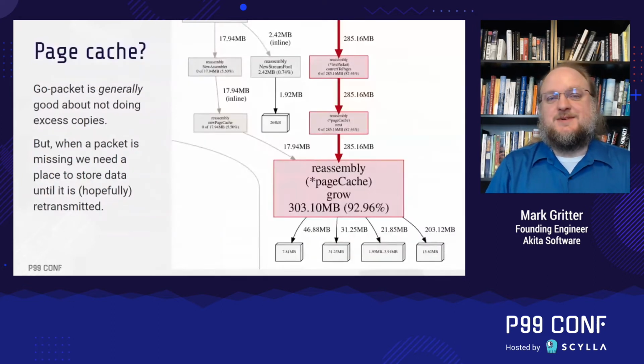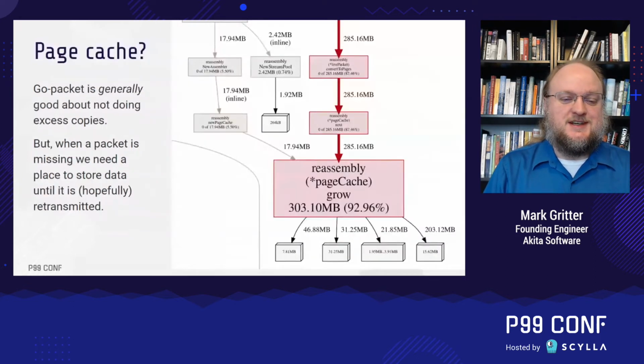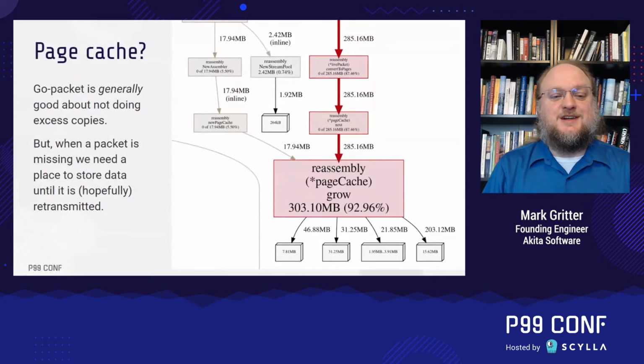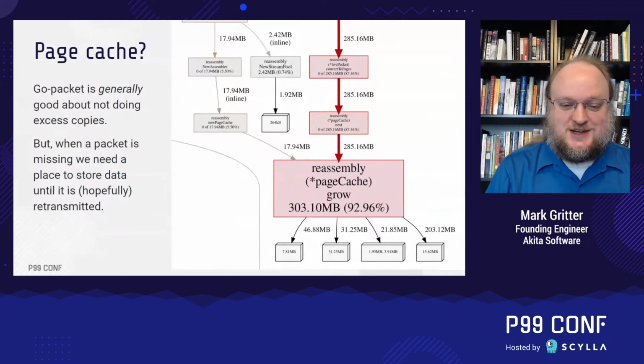I looked at some examples from our own environment when the CLI agent had reported high memory usage. The first thing I found when looking at heap usage was some memory that Go packet was allocating. It turns out that instead of allocating memory directly for TCP reassembly, Go packet uses an internally managed page cache.